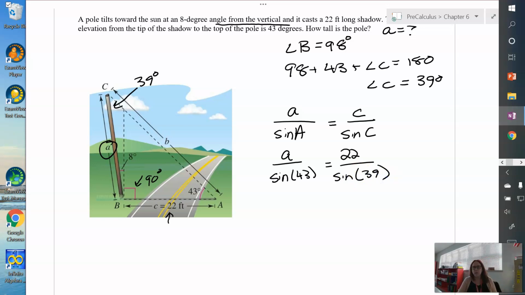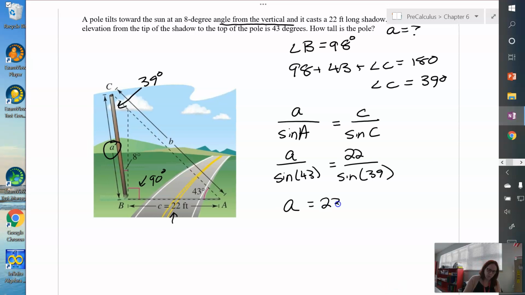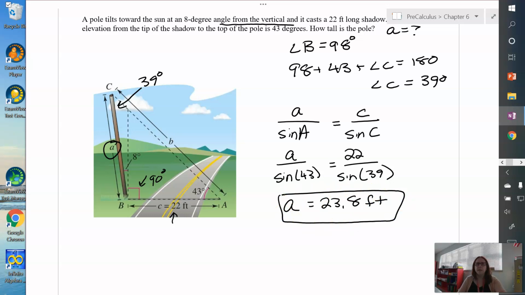And then just like the problems we did before, you're going to multiply both sides by the sine of 43. So a is going to be 22 times the sine of 43, and I'm going to divide that by the sine of 39. And I get a is 23.8 feet.